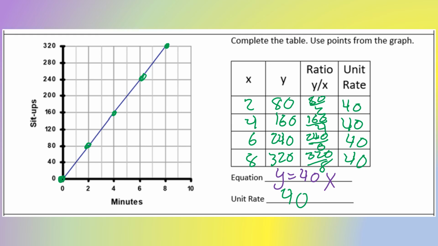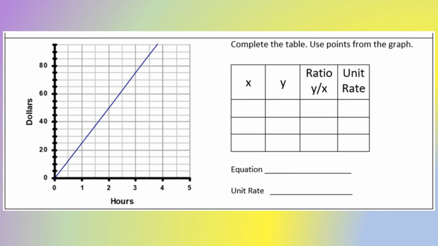And one last example. Again, you can use 0, 0. You don't have to. Use whatever numbers you want to. Okay. Here we've got 3 blanks. I've got 1.